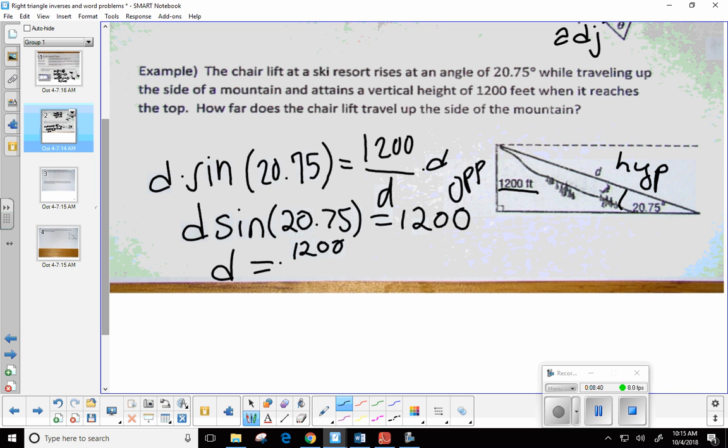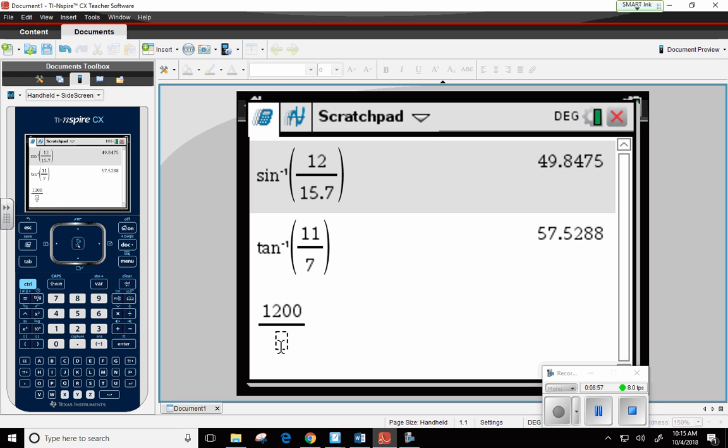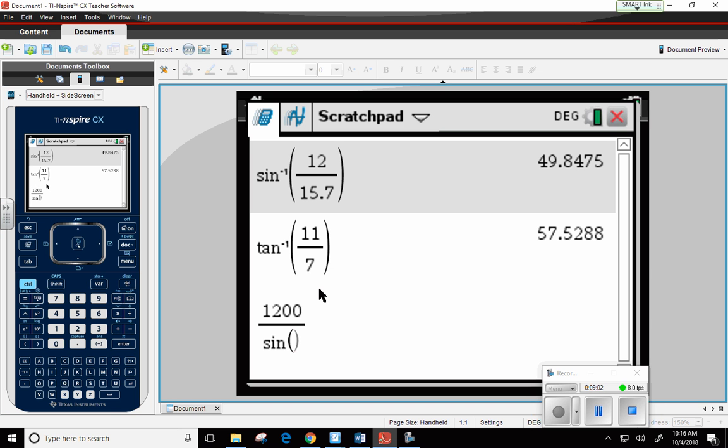Okay, so we have 1,200 over sine of 20.75. And so D equals, we'll plug it in our calculator one more time. Okay, so that's 1,200 over sine of what?